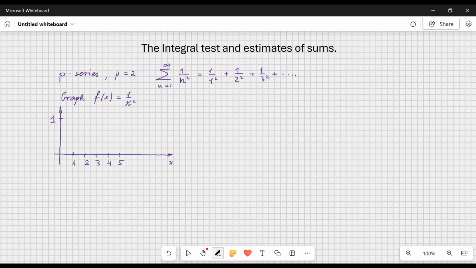Here is x, and here is going to be y. Because my numbers are going to decrease rapidly, when x equals 1, it's going to go through 1, right? When x equals 2, it's already 1 over 4, somewhere here. And I'm going to approximately graph the curve. The curve is going to look like this, right?